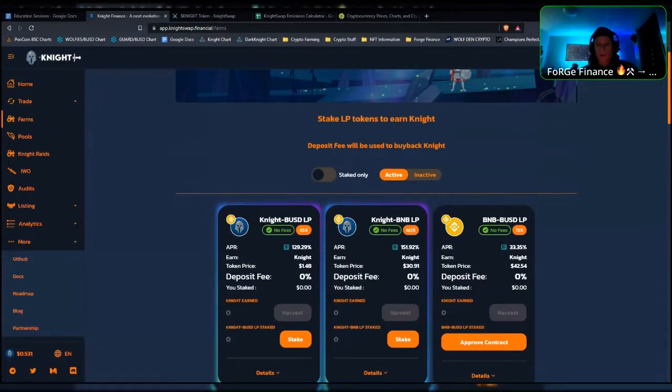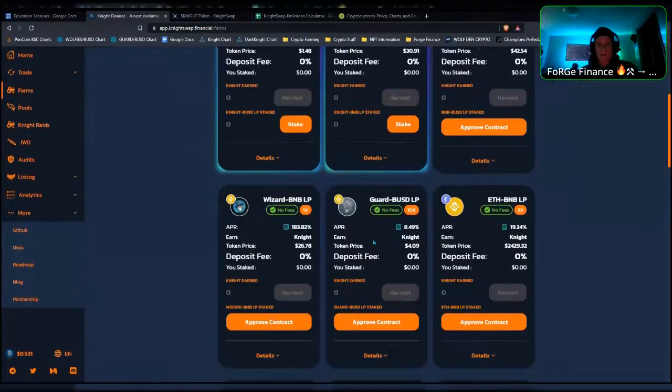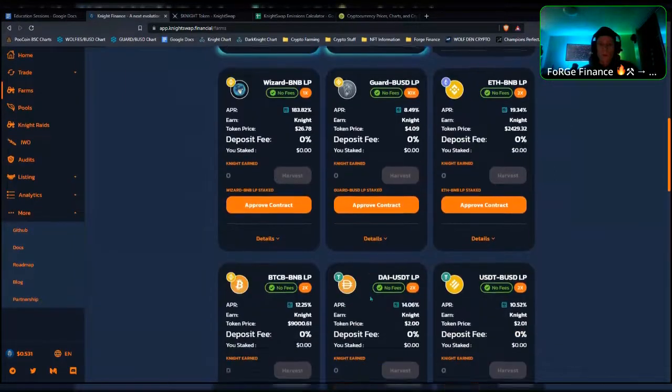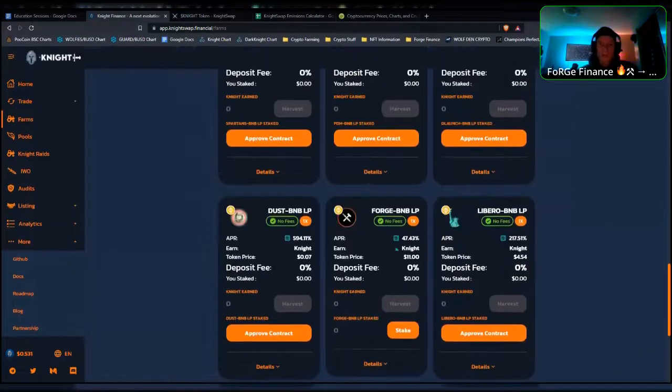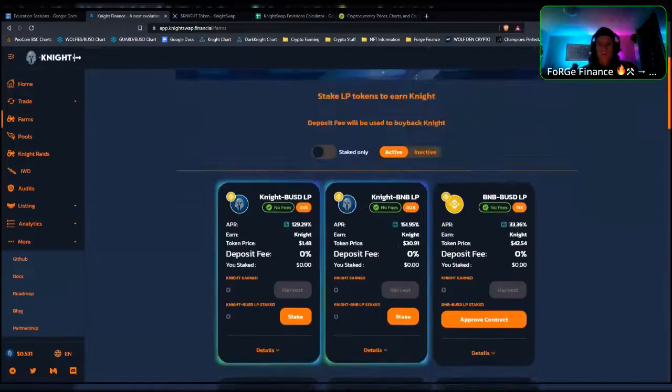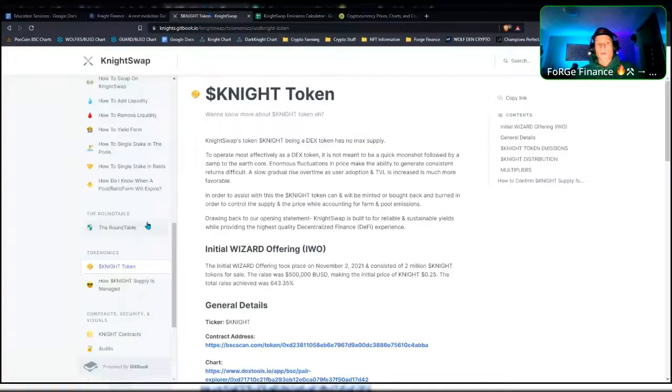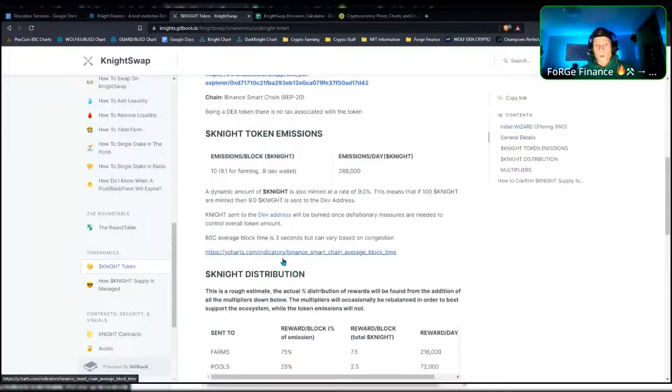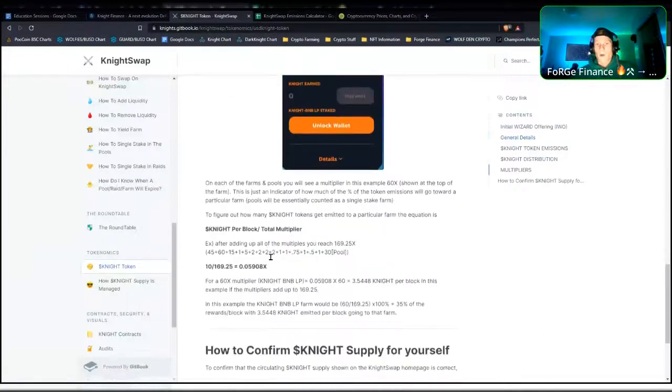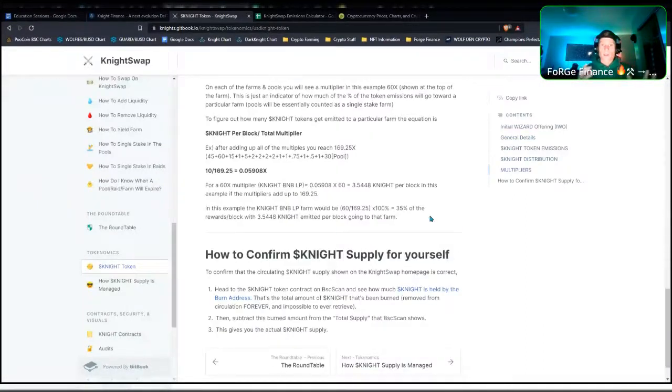So there's 45x, 60x, 15, 10, 2, 1. So ours is a 1x multiplier. And like I said, it's super important to understand how these multipliers work so that you can understand how the emission system works, how many tokens are being distributed. You can kind of back into understanding how the whole system works. And it'll make it a lot easier to understand why these APRs and APYs can be a little bit confusing.